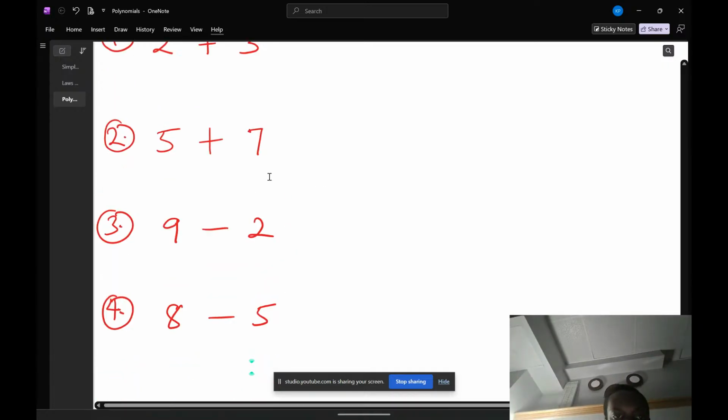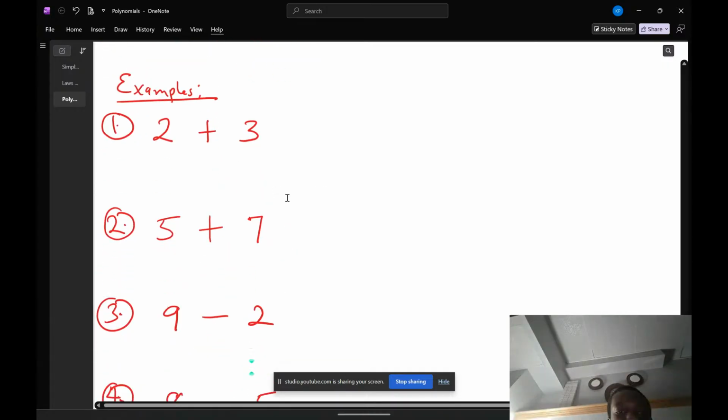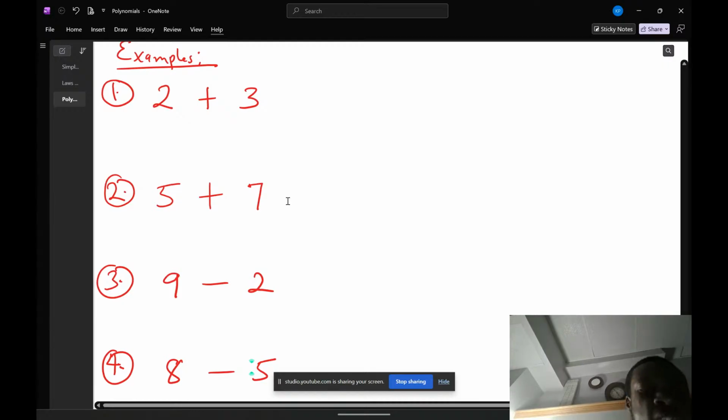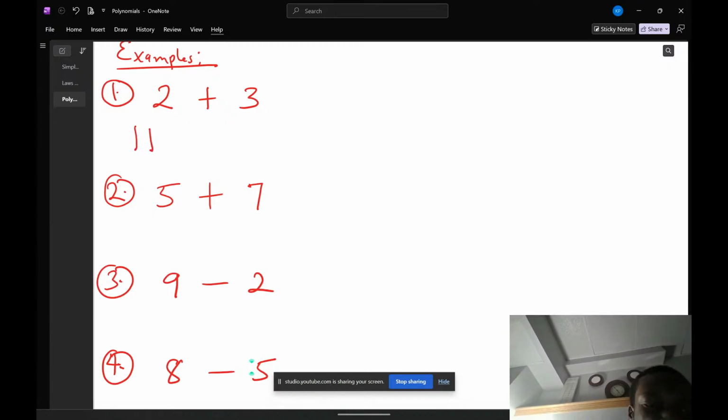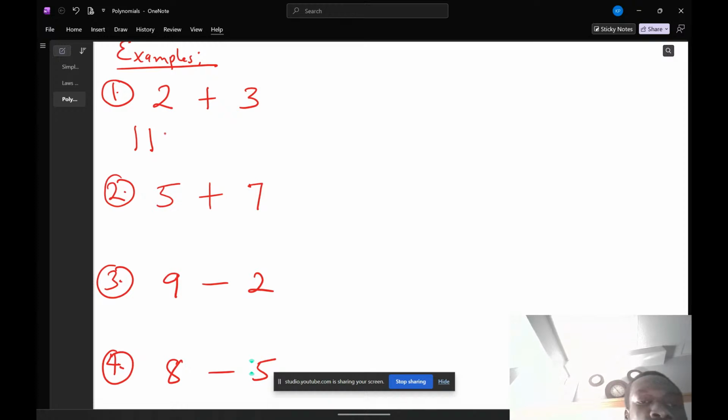Okay. So now the first one is 2 plus 3. Now I'm going to be doing the counting with single strokes. So 2 is 1, 2. Now let's count 3: 1, 2, 3. Now we have counted 2 and we've counted 3.